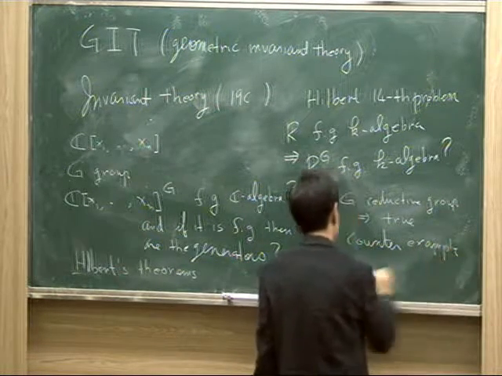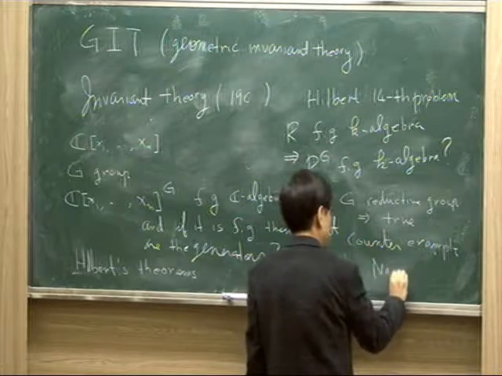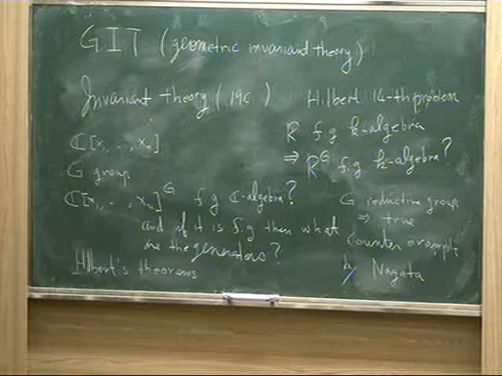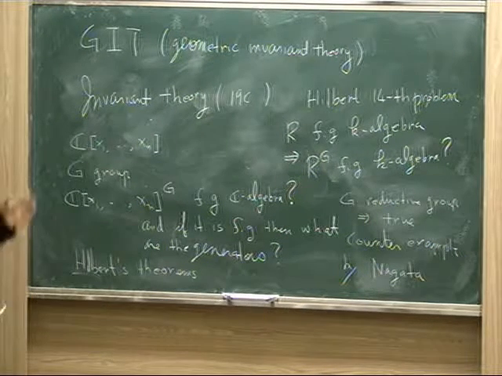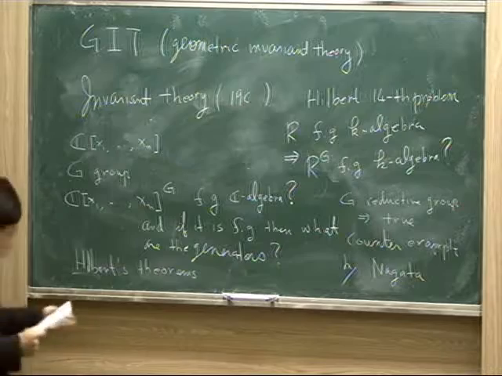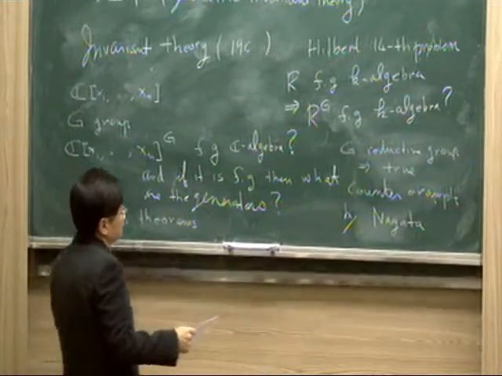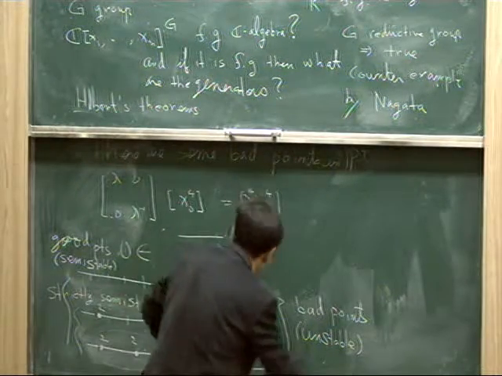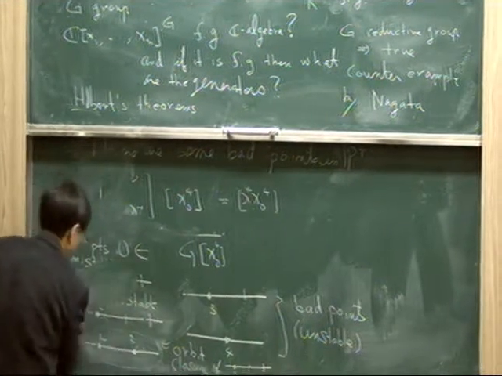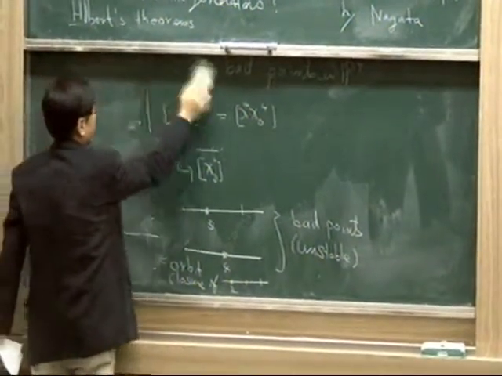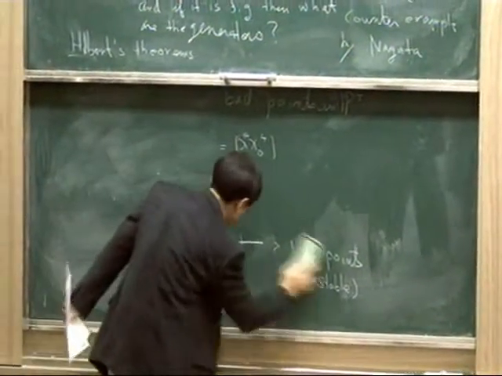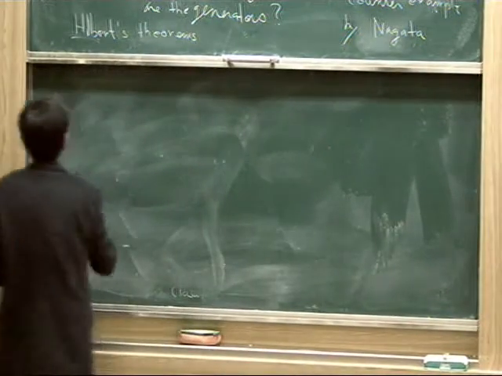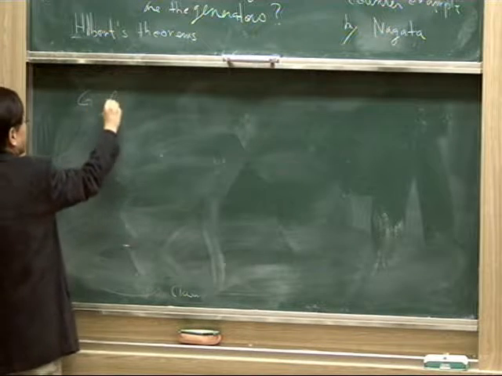The first counterexample was given by Nagata in the 1950s, and after that many works were done on these problems. People are also interested in G equal to a finite group, and there are many studies for finite groups.